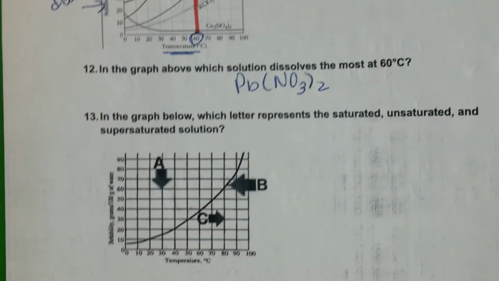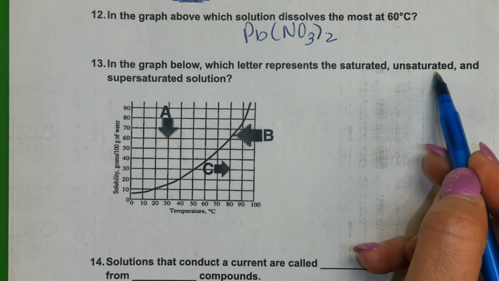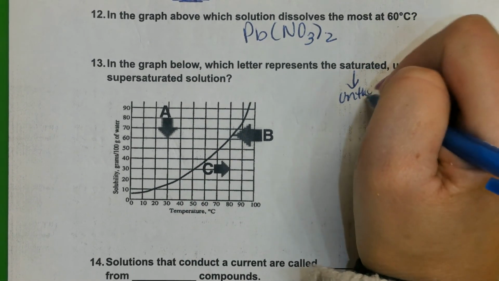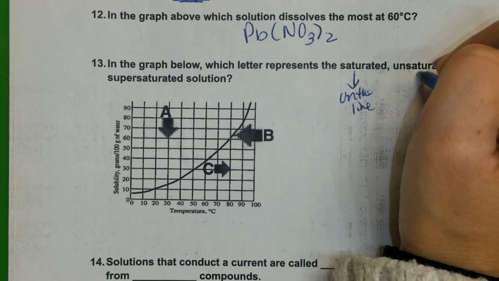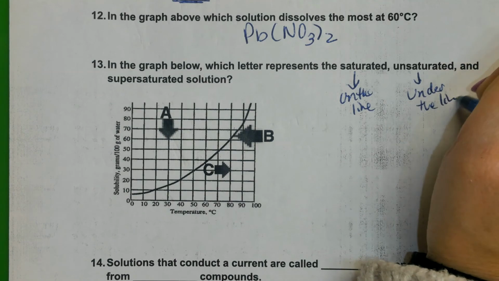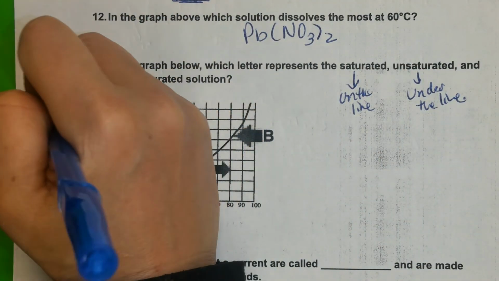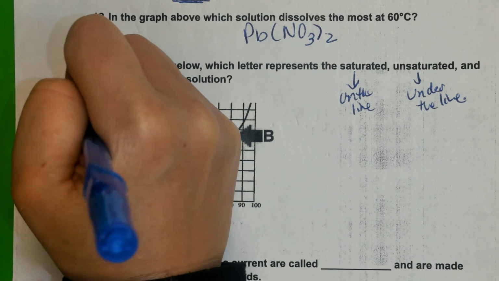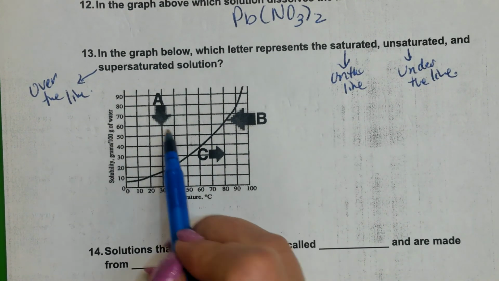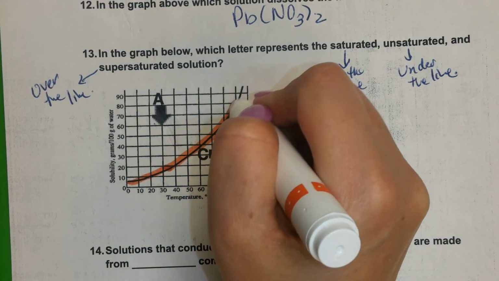Okay, and then let's look at the next one. In the graph below, which letter represents saturated, unsaturated, and supersaturated? Saturated is on the line. Unsaturated is under the line. And supersaturated is over the line. So this is the line right here.